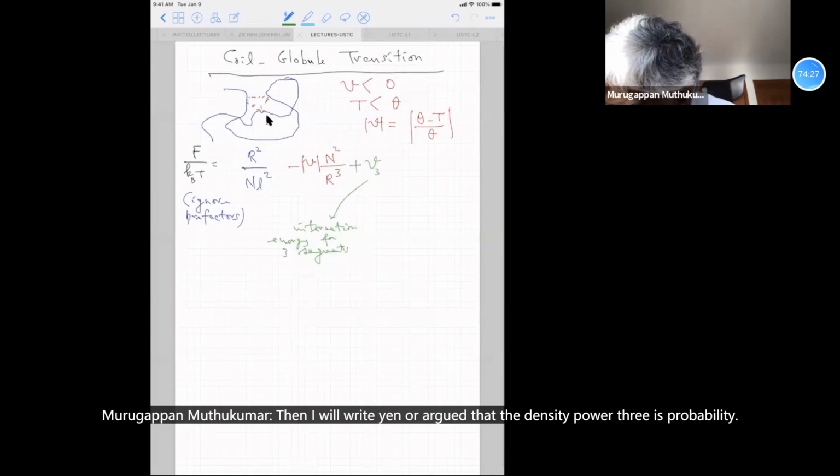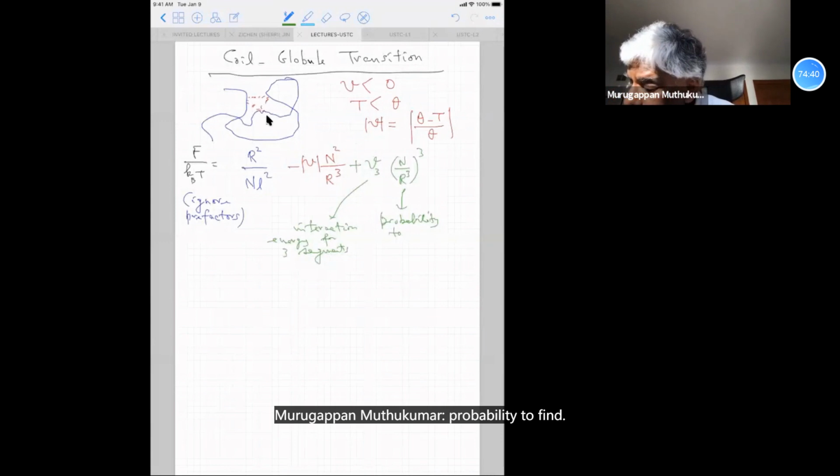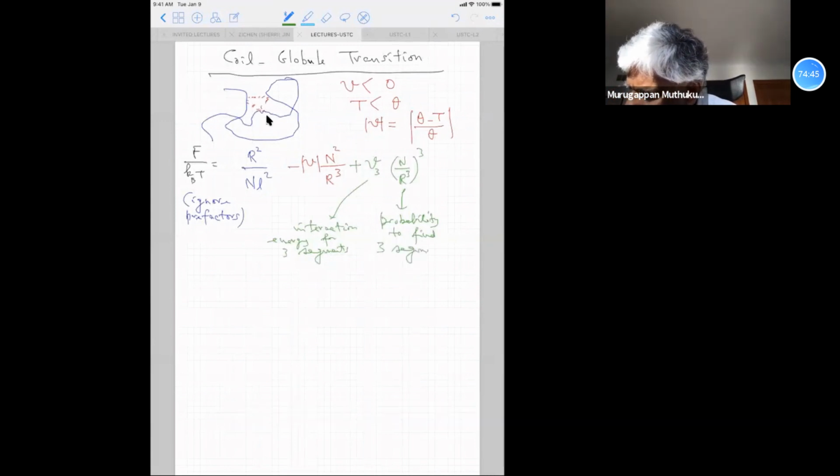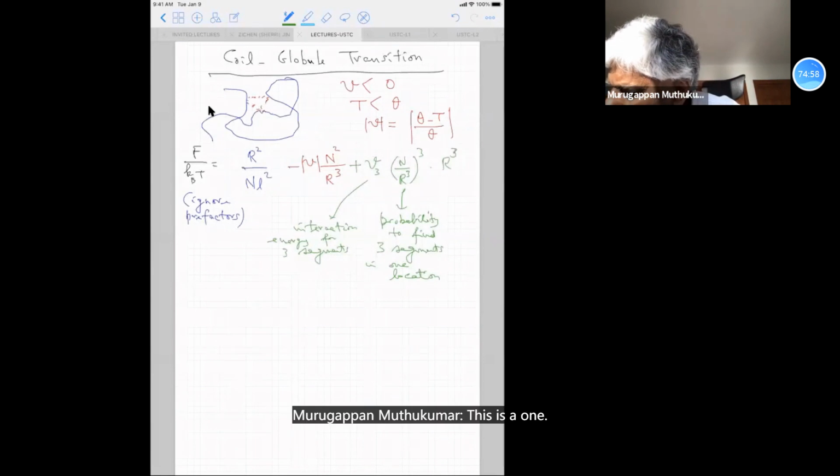Then I will write n over R cubed, that's the density, to the power 3. This is the probability to find three segments in one location. Then I have to worry about the free energy of the whole polymer chain. Therefore, I put R cubed. So this is a volume.